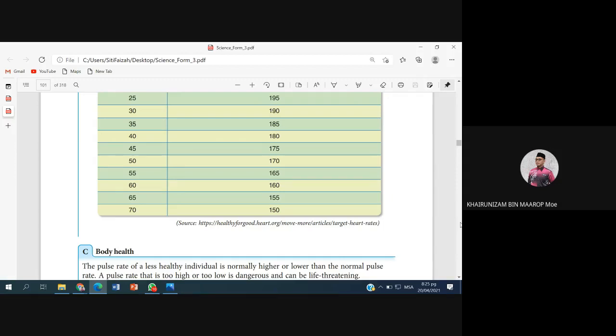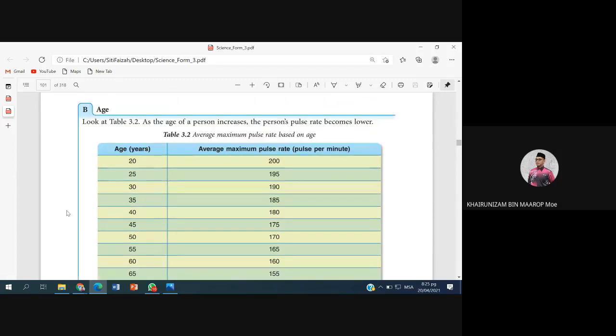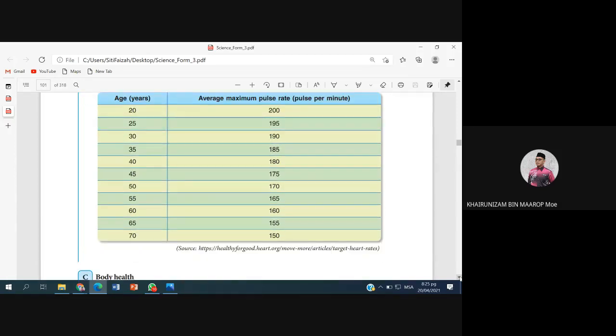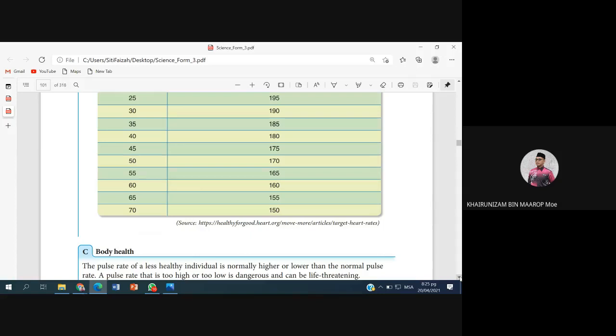Mungkin untuk yang muda ni dia lebih aktif, lebih fitness, so the pulse rate is high. But for the elderly person, kurang aktif, less active, and less fit. So the average maximum pulse rate decreases.